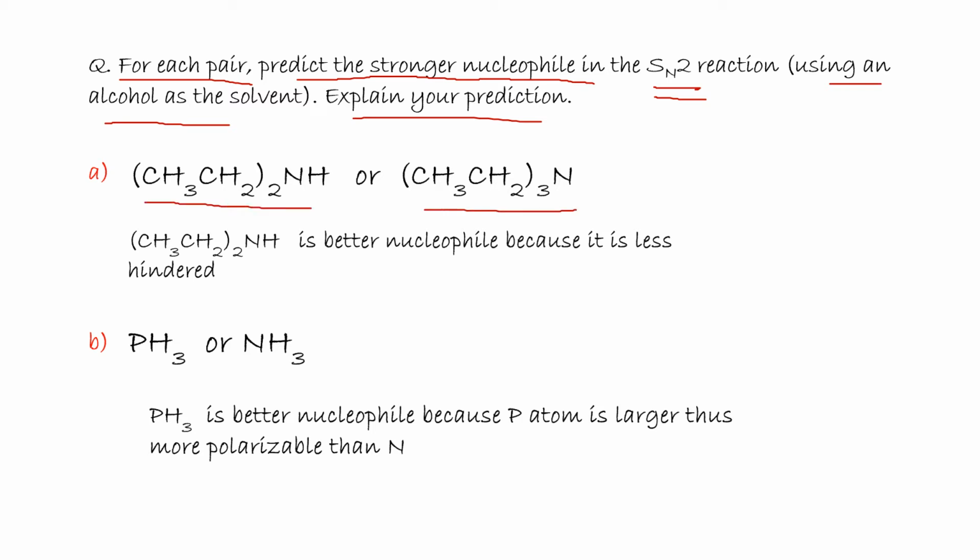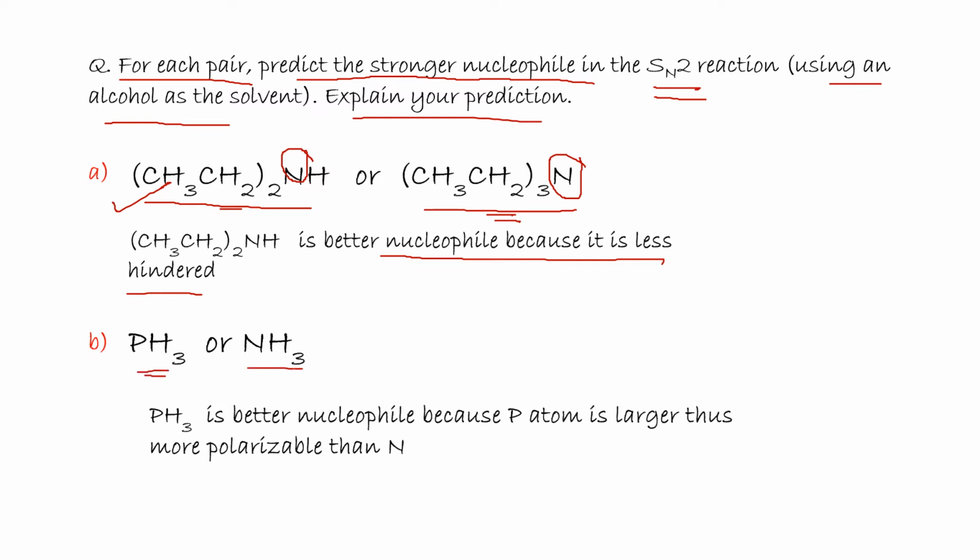Diethylamine is the correct choice. It's a better nucleophile because it's less hindered. It is the same atom, nitrogen, but one with 3 ethyl groups around it and one with 2. So this is more sterically hindered.